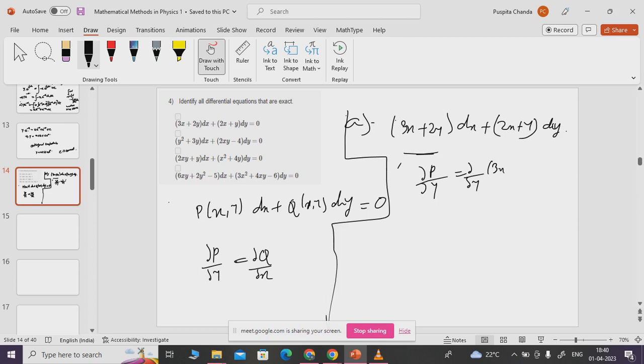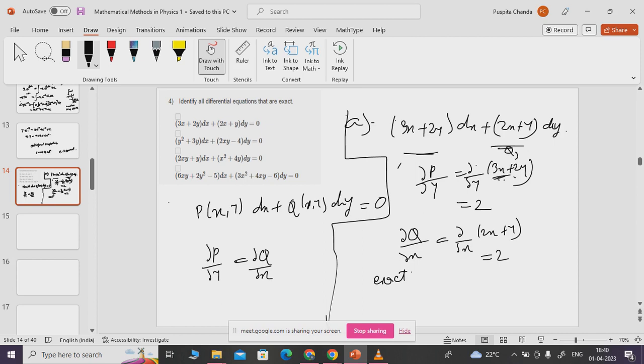So this is P. We should see del P by del y, del y of 3x plus 2y, so it will give 2, and this is Q. So del Q by del x, del x of 2x plus y, which also gives 2. So it is exact.